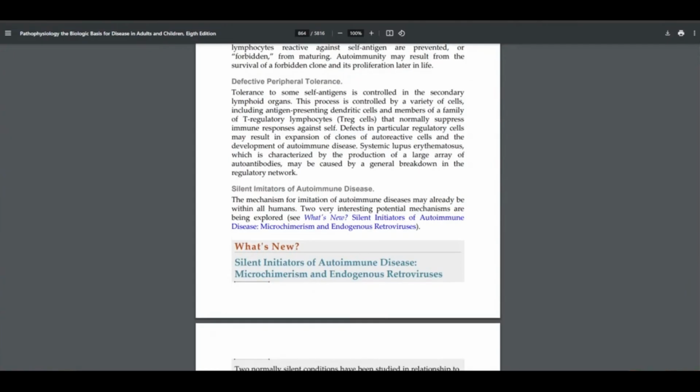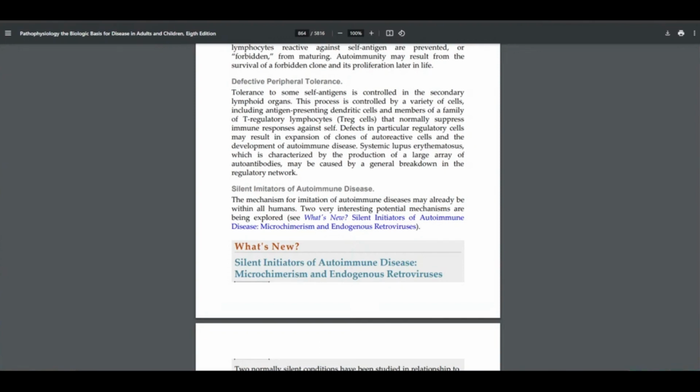Defective peripheral tolerance. Tolerance to some self-antigens is controlled in the secondary lymphoid organs. This process is controlled by a variety of cells, including antigen-presenting dendritic cells and members of a family of T regulatory lymphocytes, or Treg cells, that normally suppress immune responses against self.